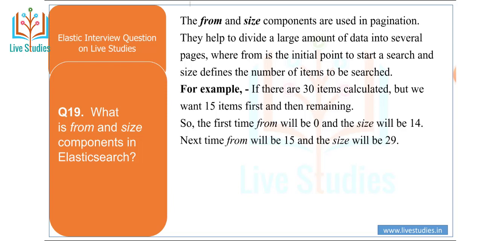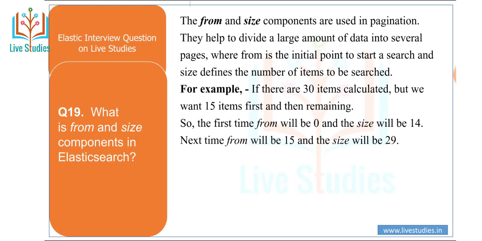For example, if there are 30 items, but we want 15 items first, then the remaining, the first time from will be 0 and size will be 14. Next time from will be 15 and the size will be 29.